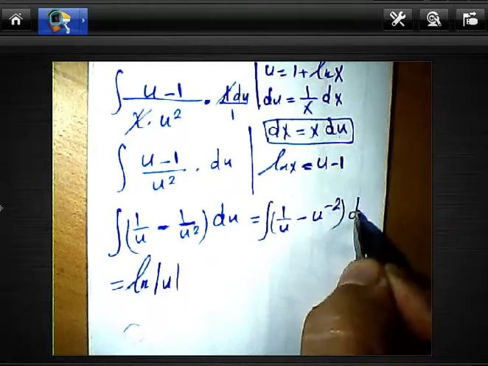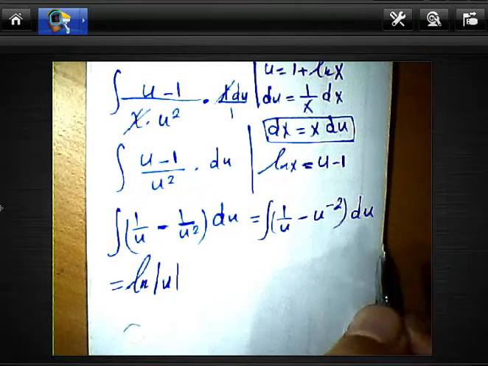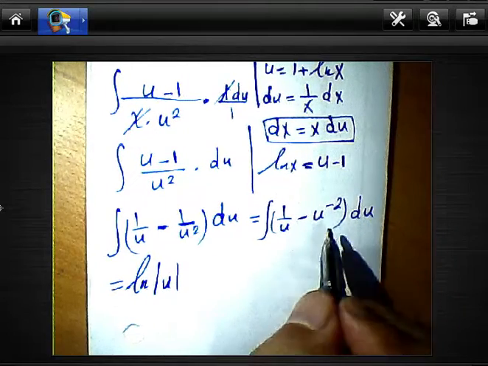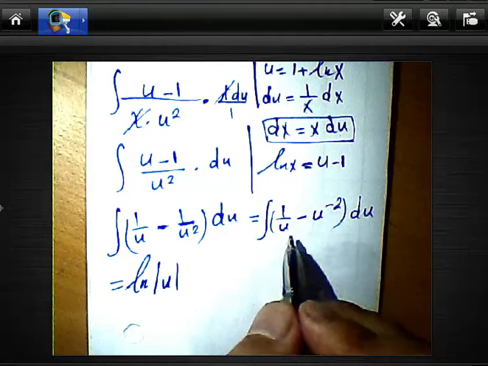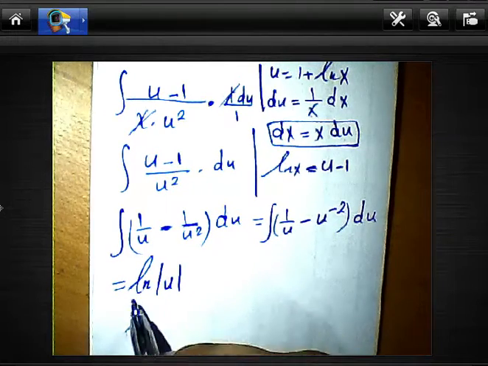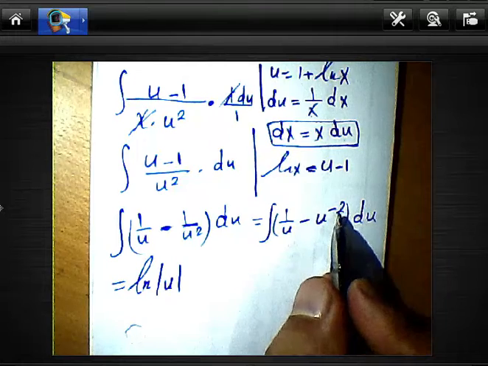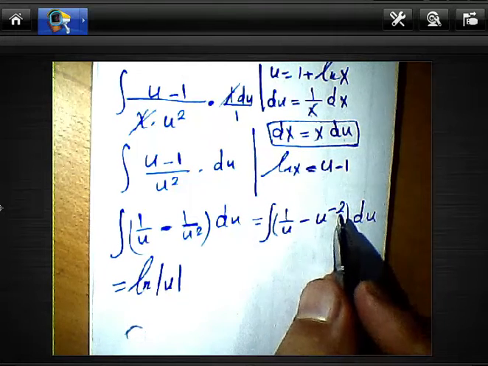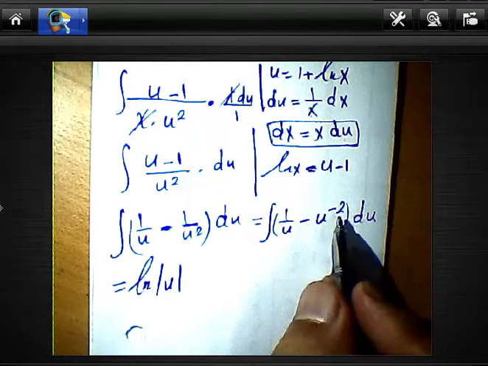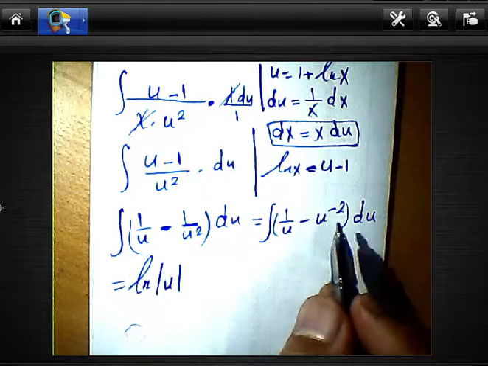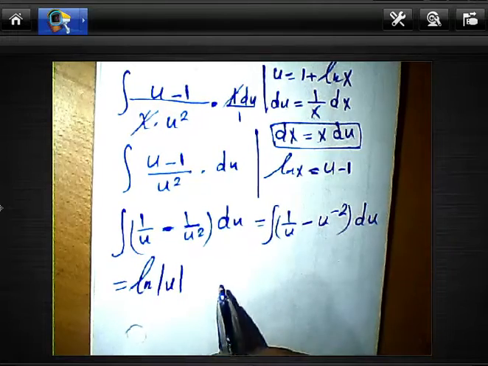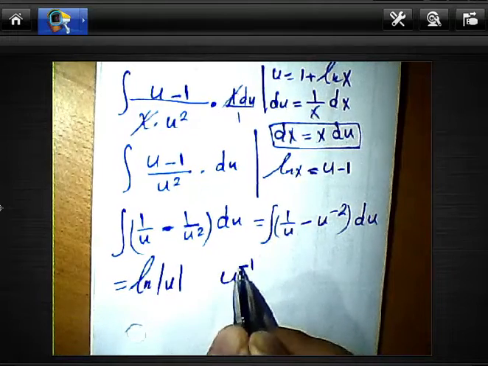So we can integrate 1 over u equal ln absolute value of u. And what about negative u^(-2)? We can add 1 to the power and divide by the new power. Add 1, the result will be negative 1.